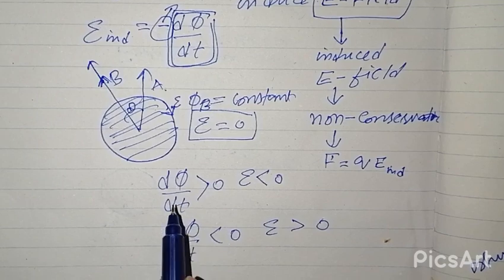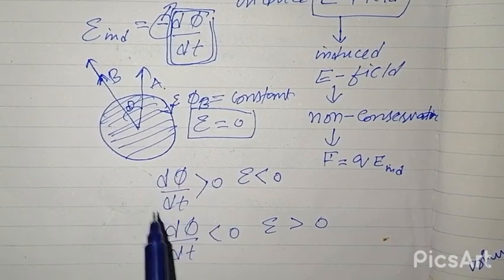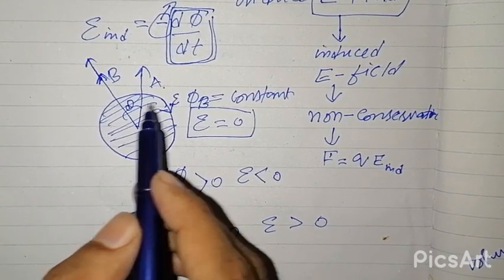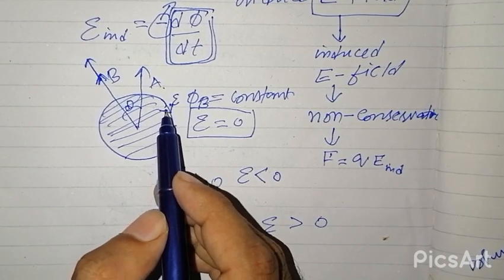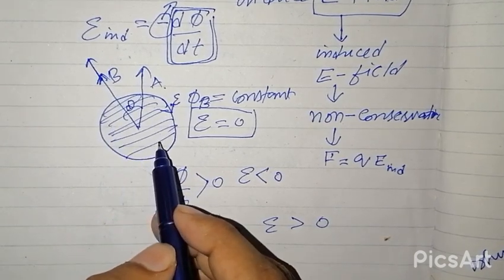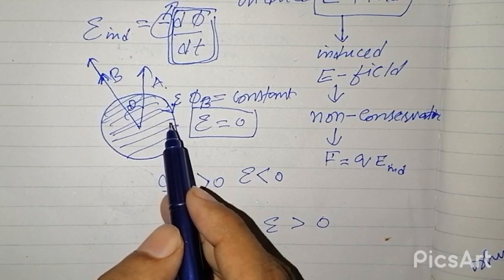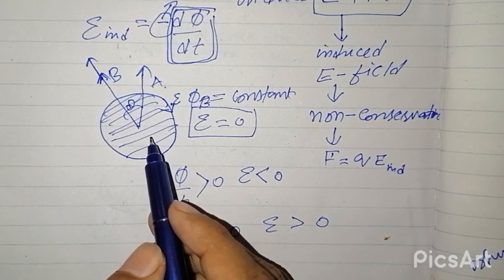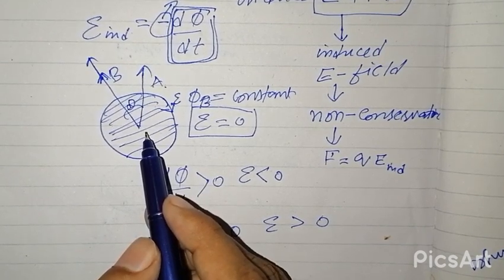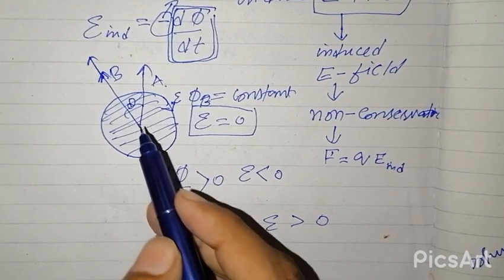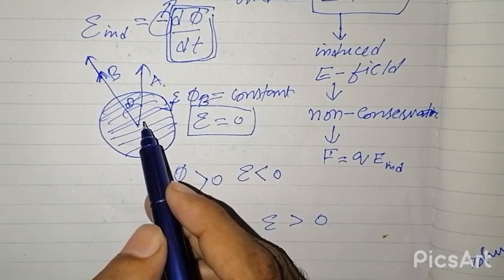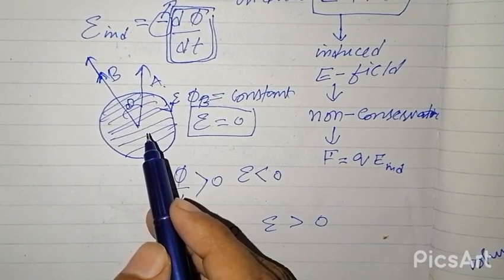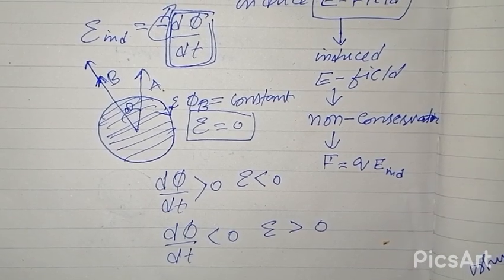So EMF is always in such a direction that it produces a magnetic flux. That magnetic flux will always be opposite to the external magnetic field.